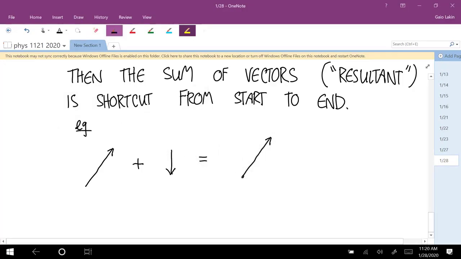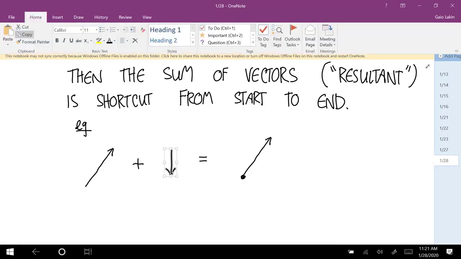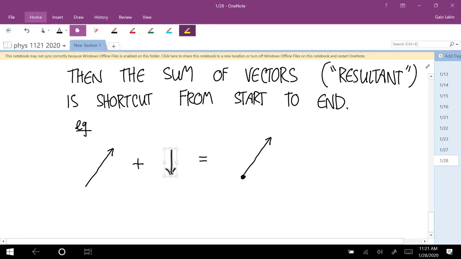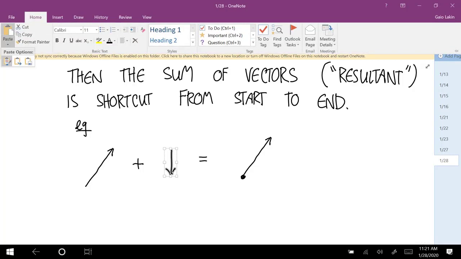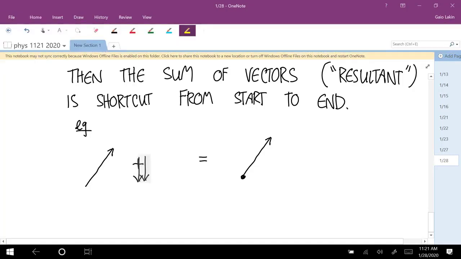It doesn't matter where because vectors don't have location. And I'm going to start at that starting point, take one of those vectors as the first leg of this trip. Then where that one ends, I'm going to put the second one.